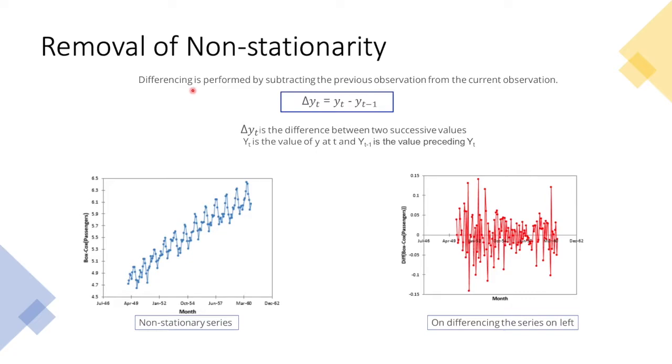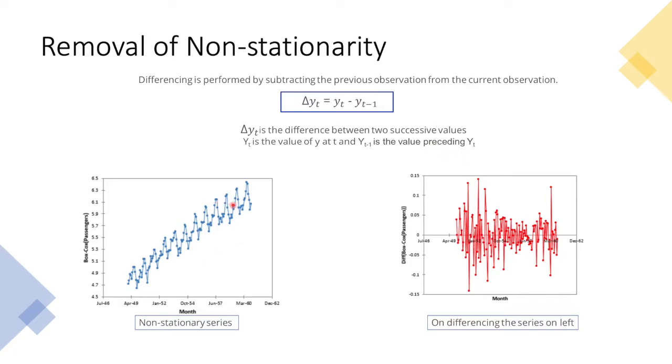Differencing is performed by subtracting the previous observation from the current observation. Here is the equation: delta is the difference between two successive values, y_t is the value of y at time t, and y_(t-1) is the value preceding y_t.